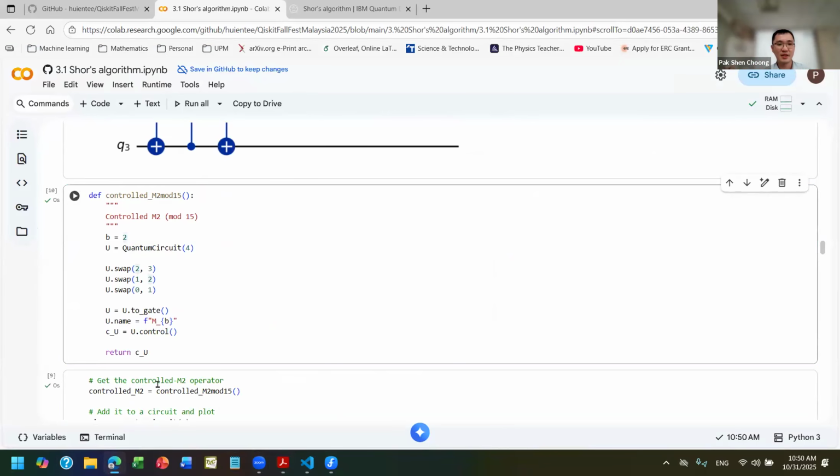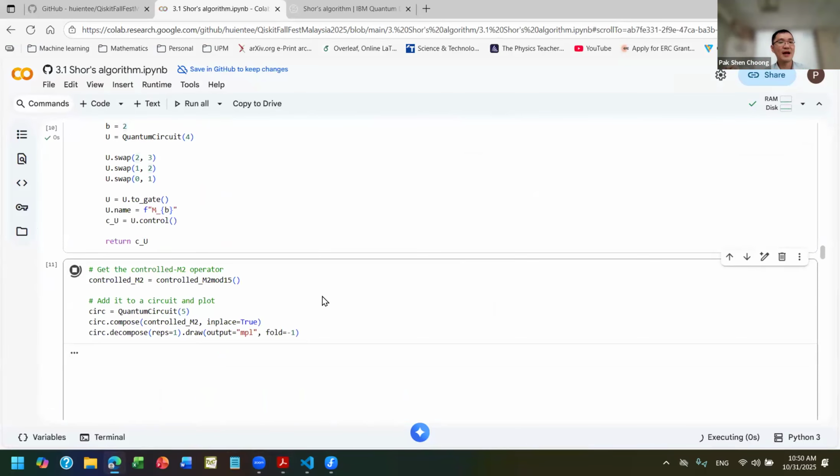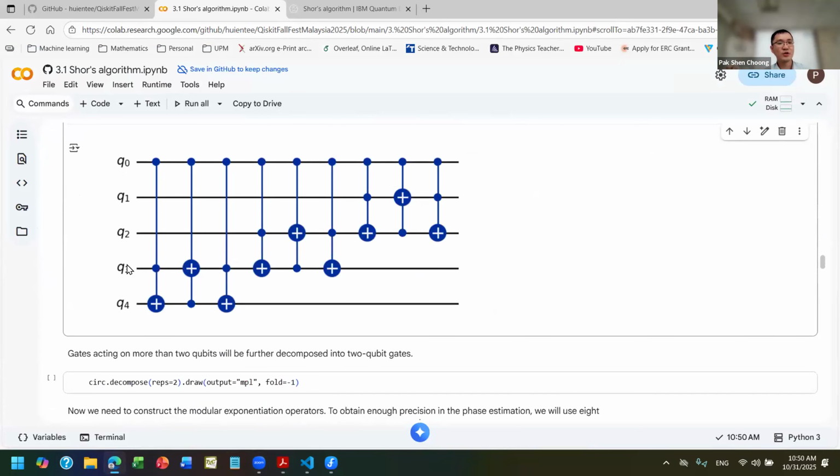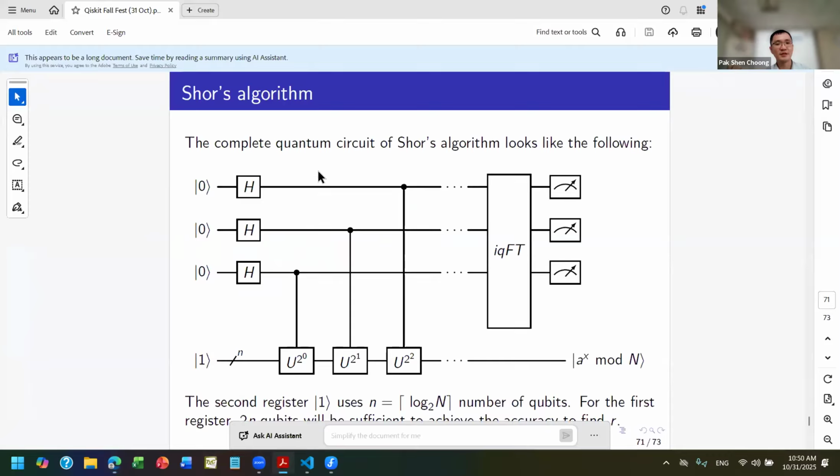This is what this particular function does. And if you look at the final results, so Q3, Q4, Q2, Q3, and Q1, Q2, this will be your M2, right? And then you have a control qubit on top, which is Q0. So with this particular circuit, you completed the first step.